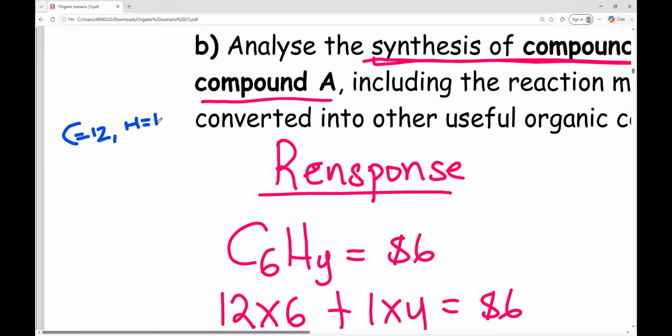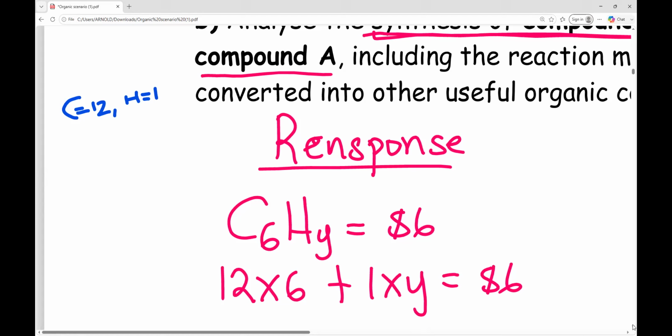So if C is 12 and H is 1, colleagues, I'll have 12 times 6 carbon atoms, then plus 1 times Y, because I have Y hydrogen atoms, and I equate this to 86.